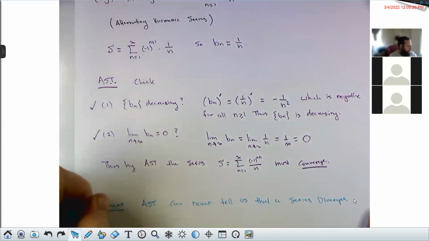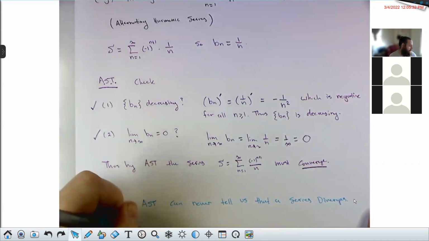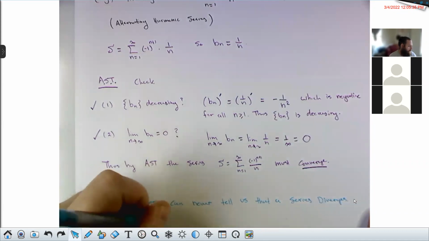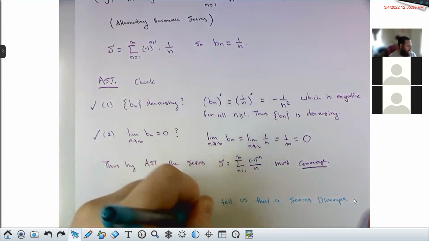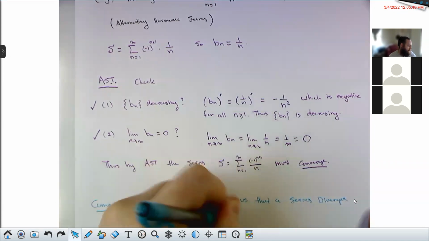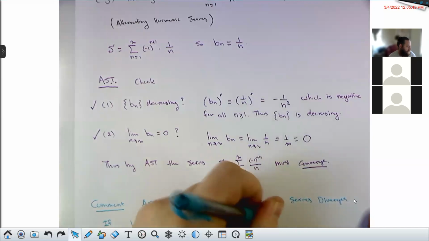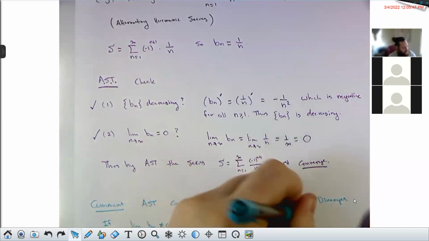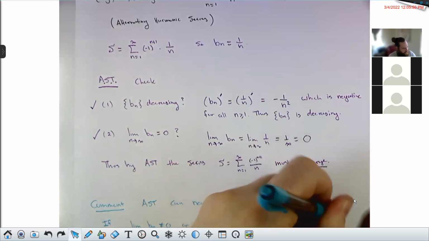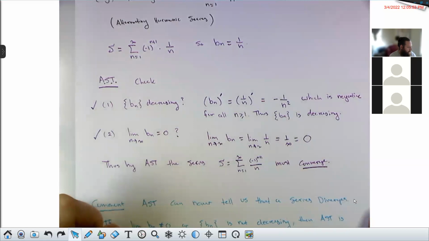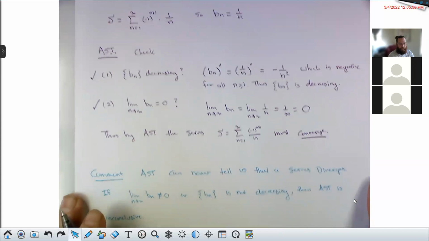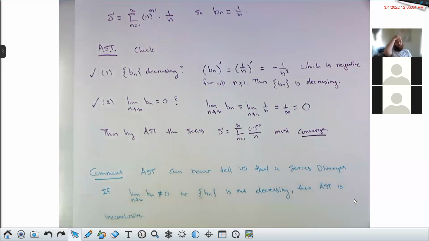If one of those two conditions is not met, if the limit as n goes to infinity of Bn is not 0, or the sequence Bn is not decreasing, then AST is inconclusive. Which means you need to try something else. You need to try a different test.